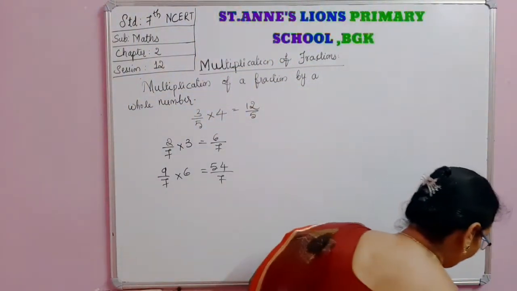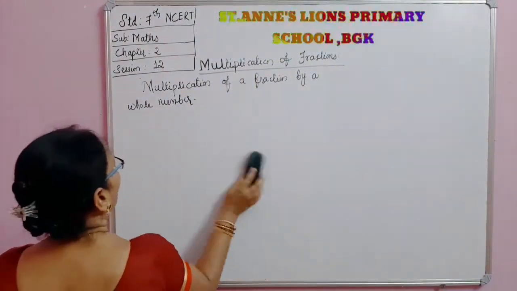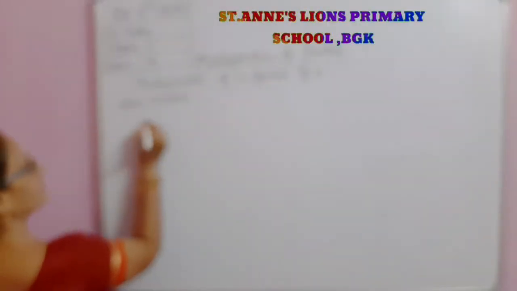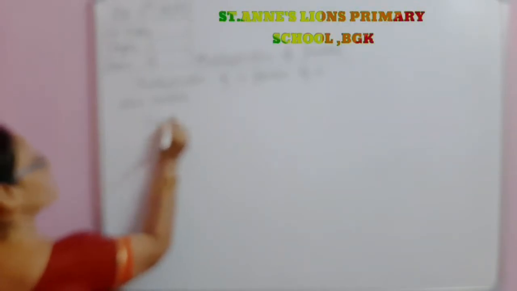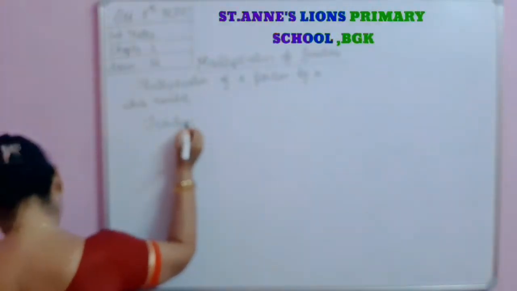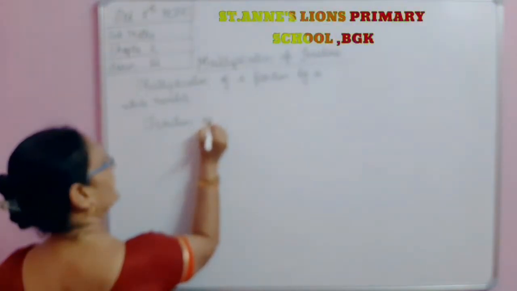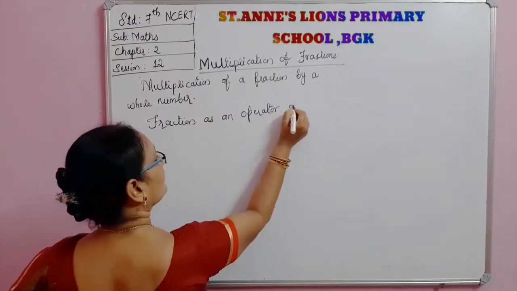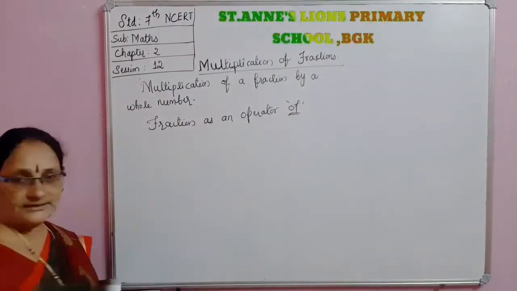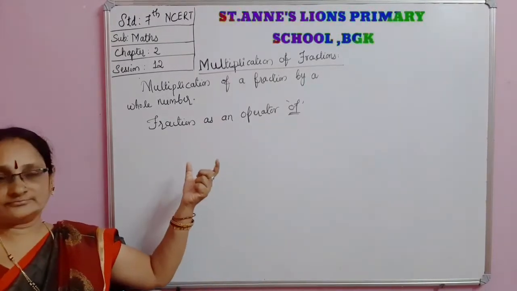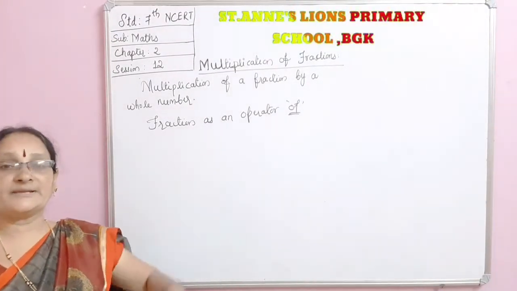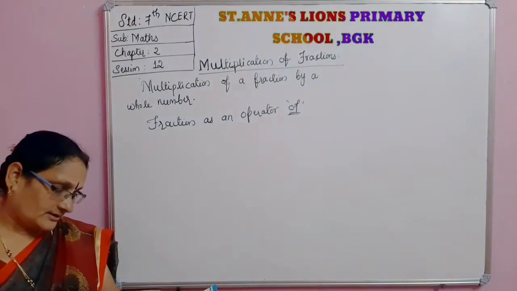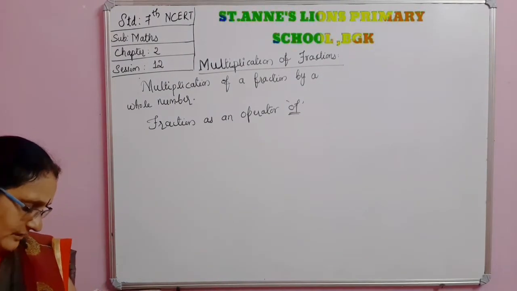Then the next point is fraction as an operator of. In mathematics we use 'of'. 'Of' represents multiplication. 'Of' represents multiplication. Such two or three problems we will see now.